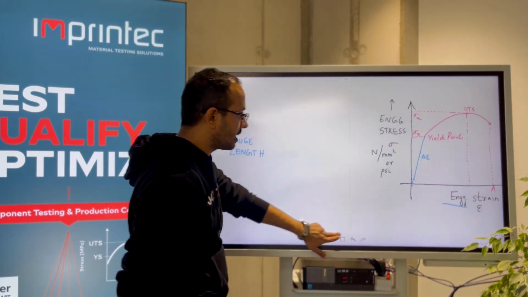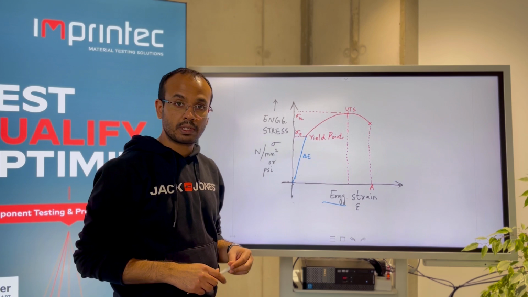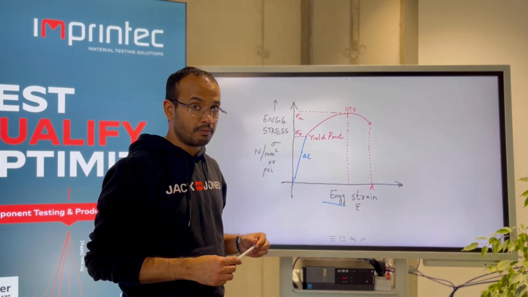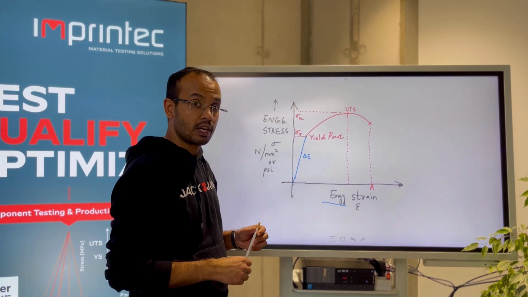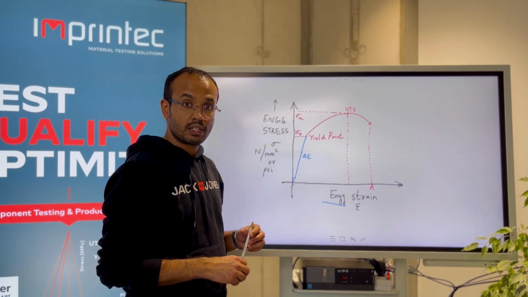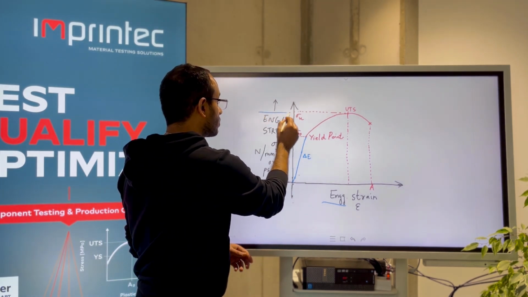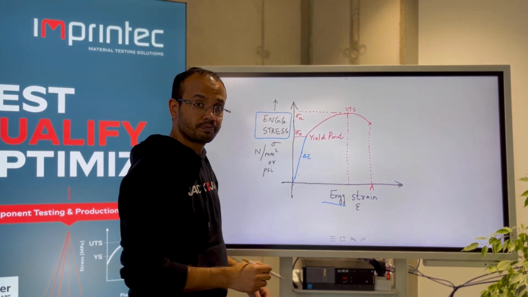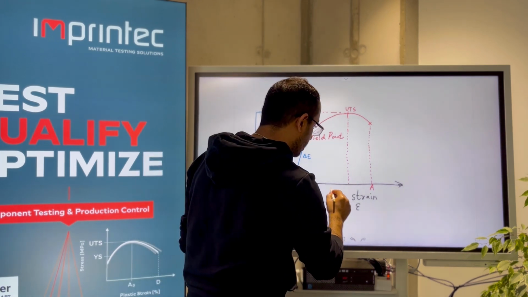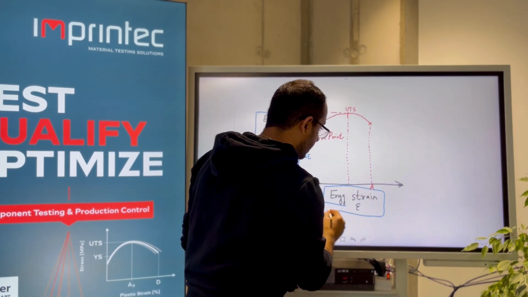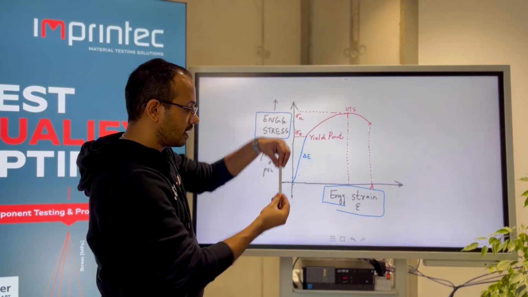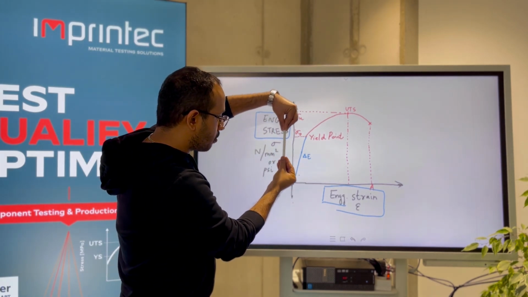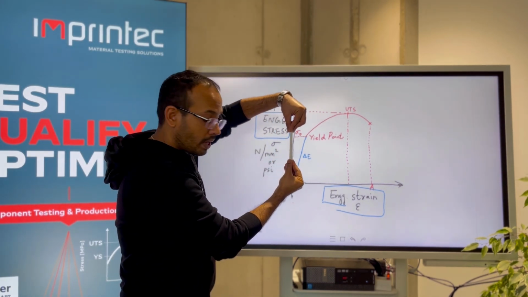What you essentially get is a fundamental concept in mechanical engineering called a stress-strain curve. The stress-strain curve has the engineering stress on the y-axis versus the engineering strain on the x-axis. Imagine that you're pulling the specimen this way.